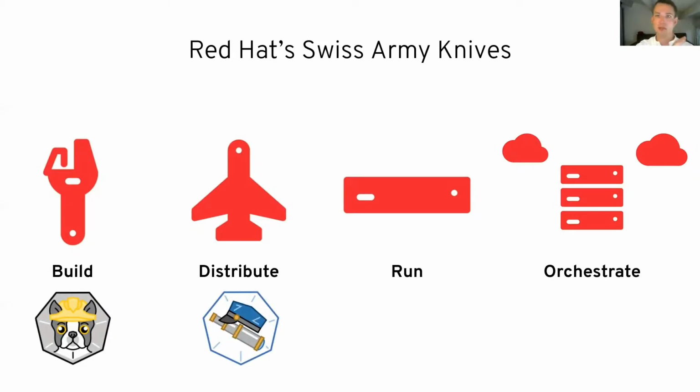Distributing really means copying images from A to B, transforming the image layers, changing compression, converting between the various image types, the Docker Schema 2 version 1 and version 2, or the OCI. There are various use cases that Skopeo tackles.